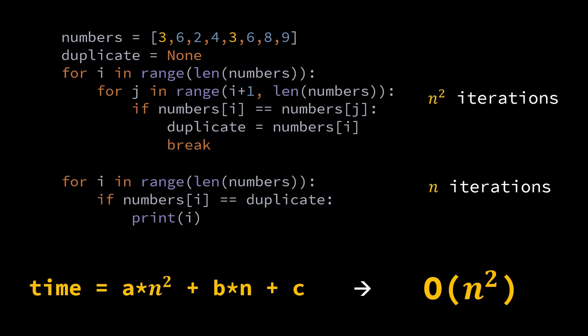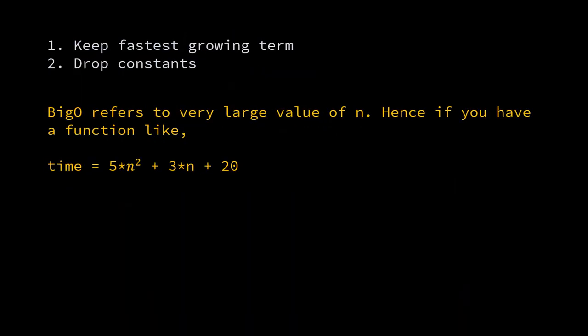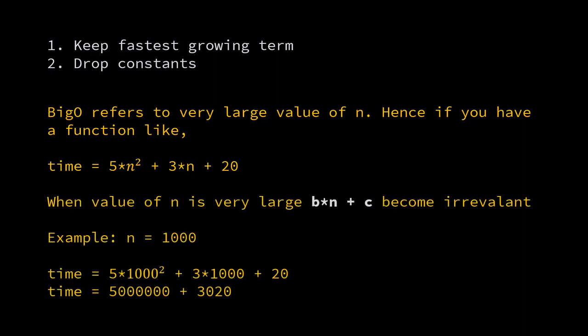Why do you keep only the fastest growing term? So let's understand the reasoning behind these two rules. Let's say you have a function which is something like this, 5n square plus 3n plus 20. Now big O is a very rough ballpark estimate. It refers to the value of n which is very large. I'm not going for any large value here, but let's say even if n value is 1000, in that case, in this equation, the first term will contribute the most.